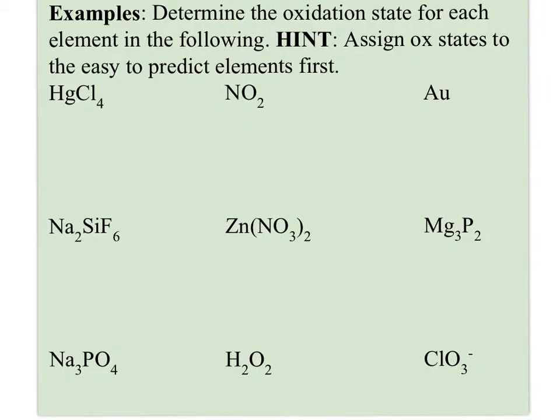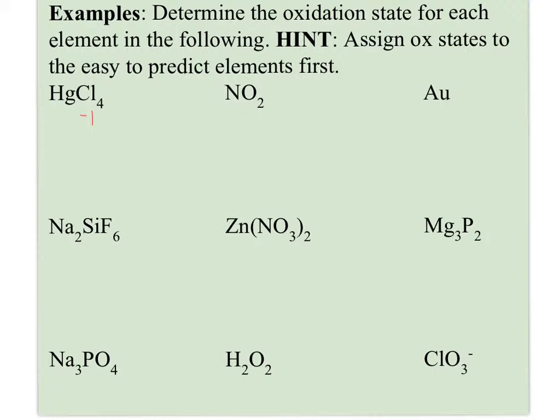So let's look at some examples and see if I can help you make sense of this. HgCl4. Determine the oxidation state for each element. It says, hint, assign oxidation states to the easy to predict elements first. So the element that's easy to predict here is chlorine, because it's going to be -1 unless it has oxygen or fluorine bonded with it.